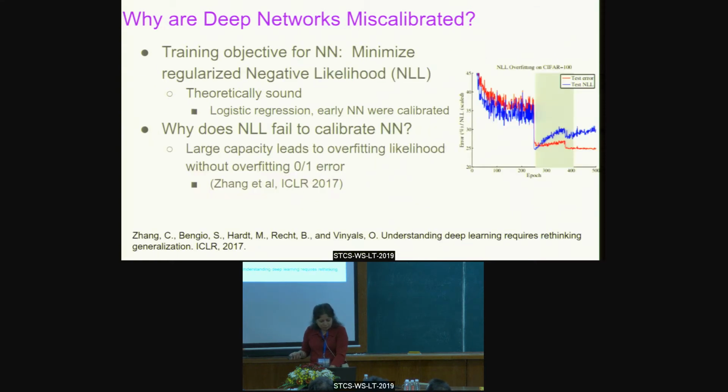So this paper in ICLR 2017 basically claimed that modern neural networks... so this graph is interesting.